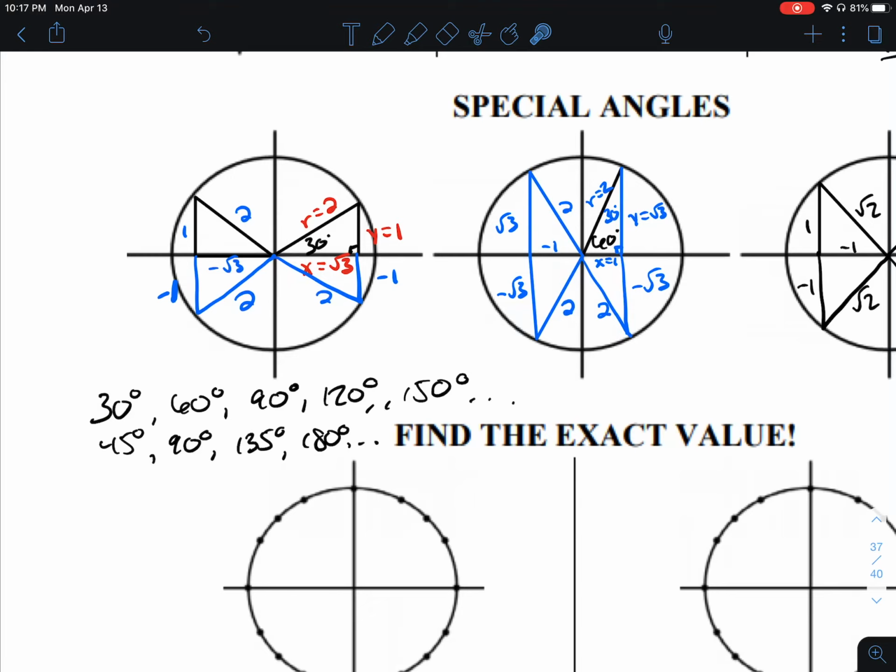You should be able to tell me without a calculator. What is tangent of 60? What's sine of 135? What's cosine of 180? If I ask you any of the 3 trig functions for any angle that's a multiple of 30 or 45, you should be able to figure it out. That's what we're trying to accomplish.